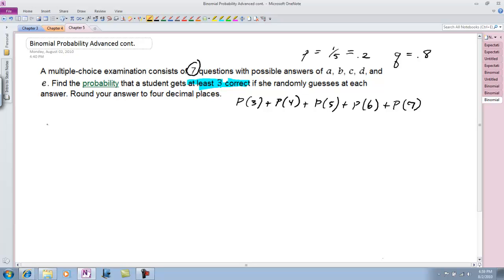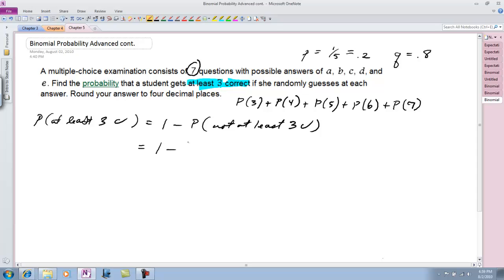What do I mean? The probability of at least 3 correct is equal to 1 minus the probability of not at least 3. And how would we find the probability of not at least 3?